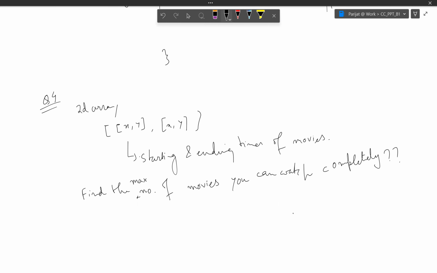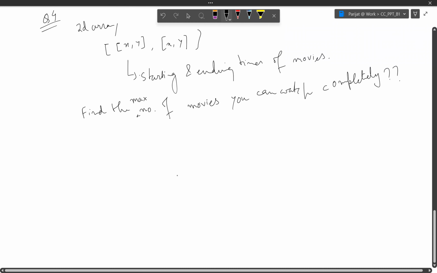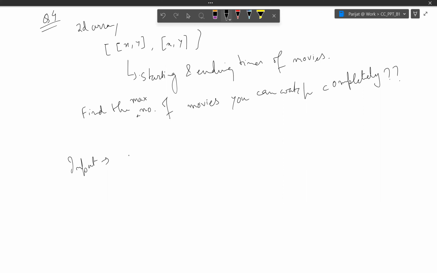For example, if you are given the 2D array, if your input looks something like this, 3, 5, 4, 9, 5, 8. That means one movie is from 3 to 5, the other movie is from 4 to 9, the other movie is from 5 to 8. Then your output should be equal to 2.